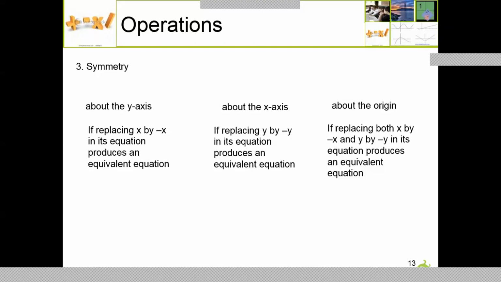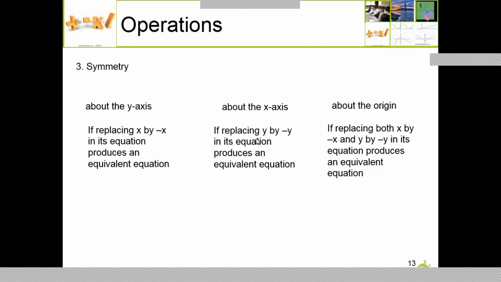So setiap satu ni dia ada cara dia. Okay. Untuk kita test whether a function is symmetric about y-axis, we need to replace x by negative x in its equation, and if it produces an equivalent equation, so we can say that the function is symmetry about y-axis.